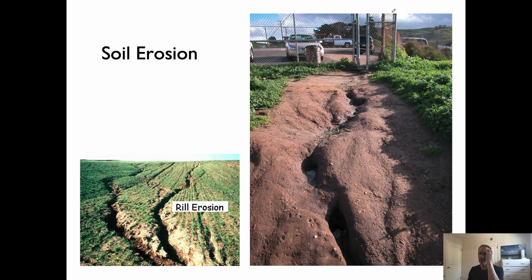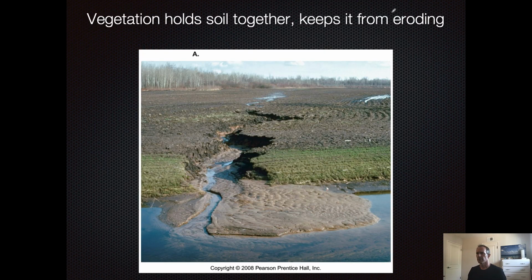And then soil erosion can be a problem in some places, because it's much softer than most parent material or hard rock. It's already decomposed and it's easy to move once you've got water flowing over it. And so vegetation helps to hold the soil together.